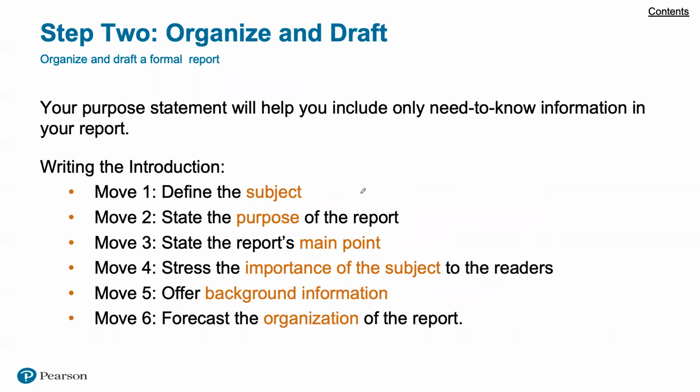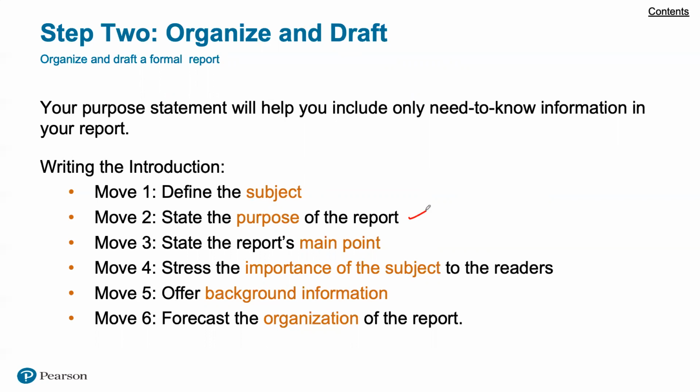Okay, now that you've done your research and everything, let's do step 2 and organize and draft. Your purpose statement will help you include only need-to-know information in the report. So that's important. You want to define your subject. Okay, what is the focus of what you're doing? You're going to keep reminding the reader of that as you go through. You want to state the purpose of the report.